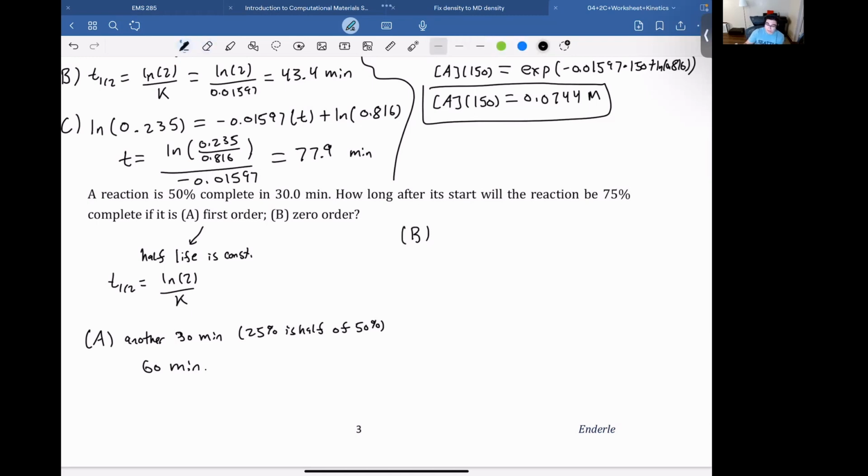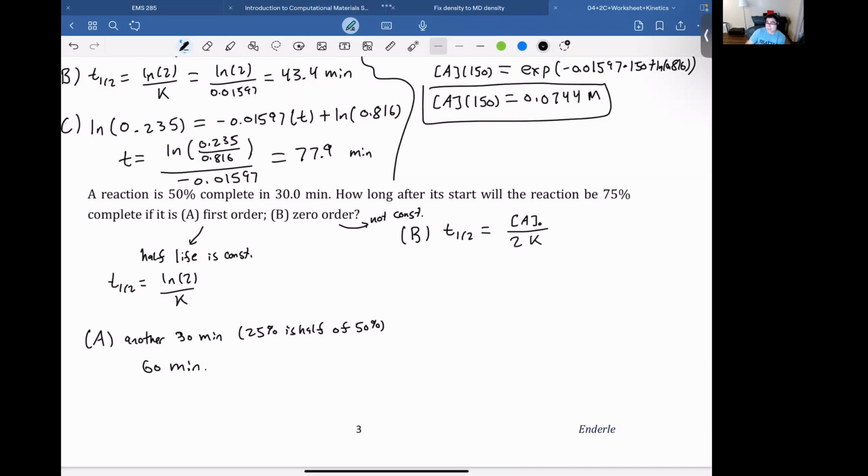However, for the zero order, it's not constant, right? The half-life for a zero order reaction is actually dependent on whatever the concentration is at the beginning of the time interval. So I guess you could technically look at this as infinitesimally small integrals. We're not going to talk about that.